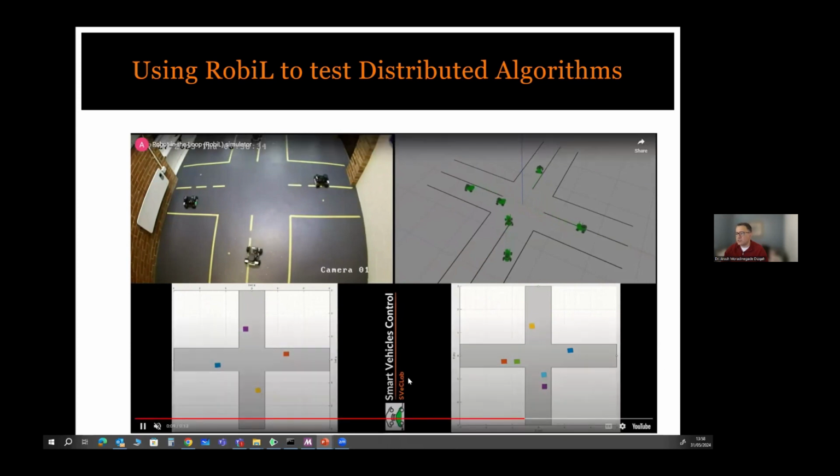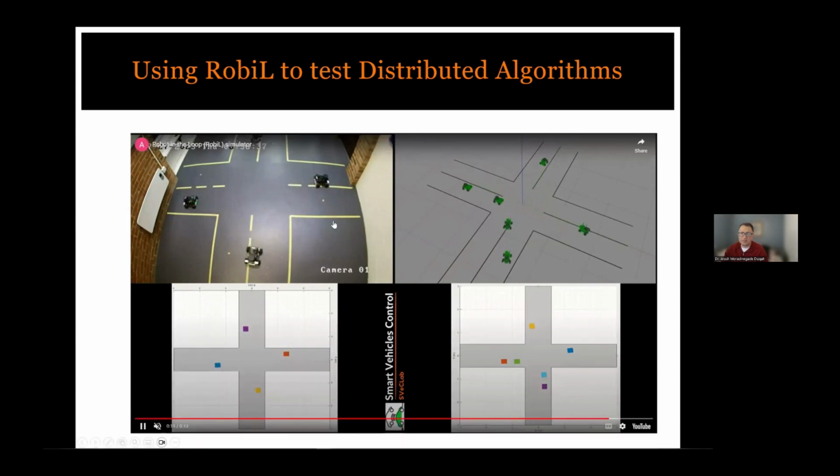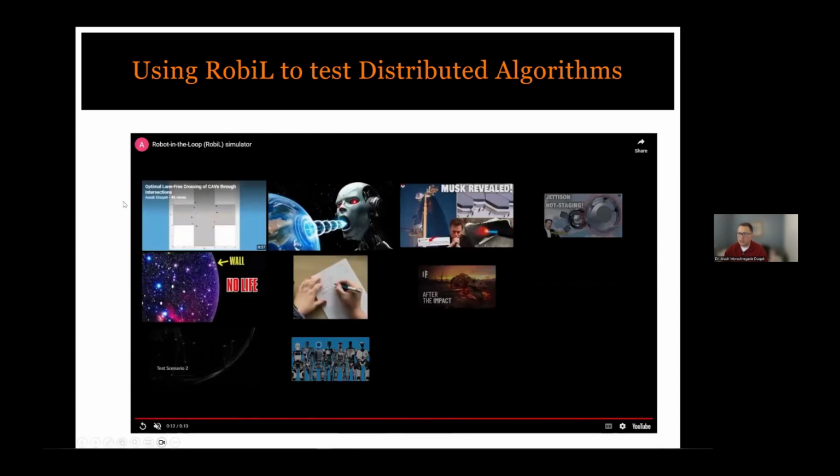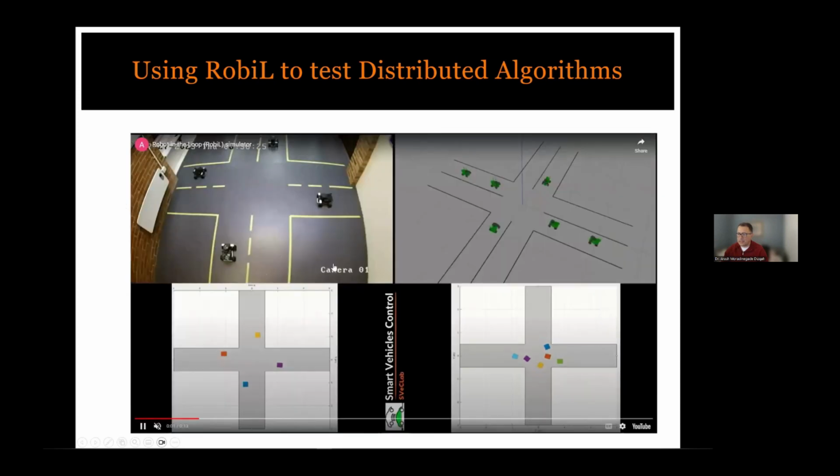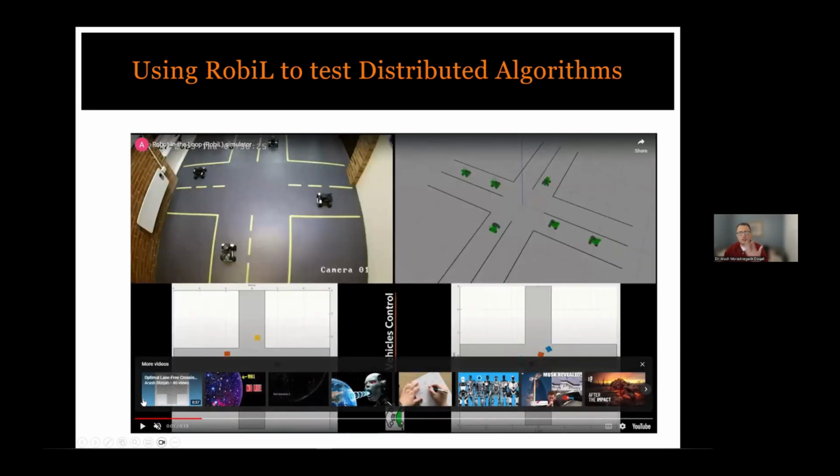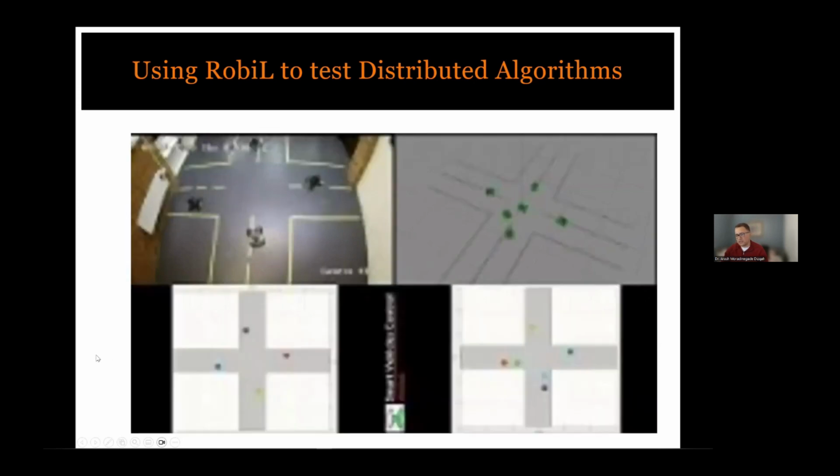So using this tool, we are testing the performance of our algorithms in an actually close to real situation for the different algorithms that we have.